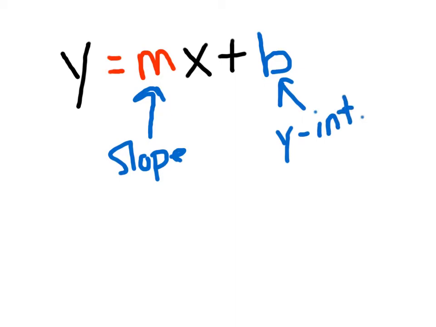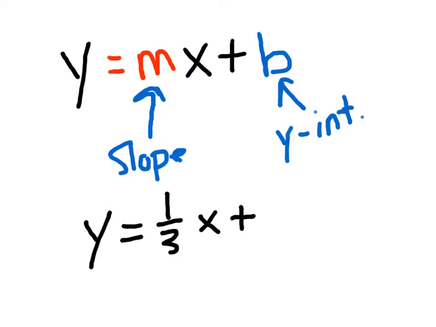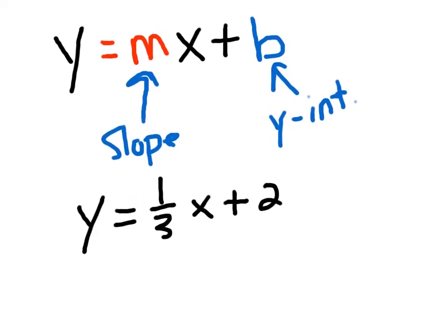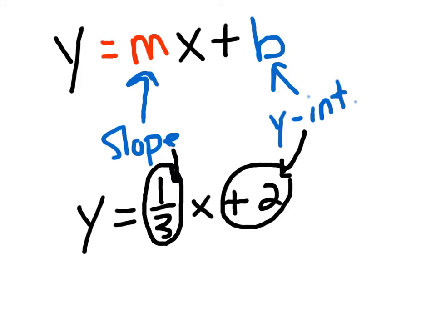So if we had the equation y equals 1/3 x plus 2, just by looking at the equation, we know that our slope would be 1/3, and we know our y-intercept, including the sign, would be positive 2.